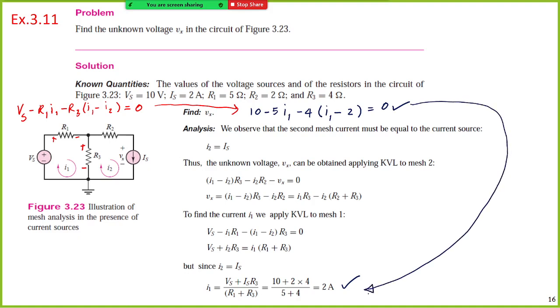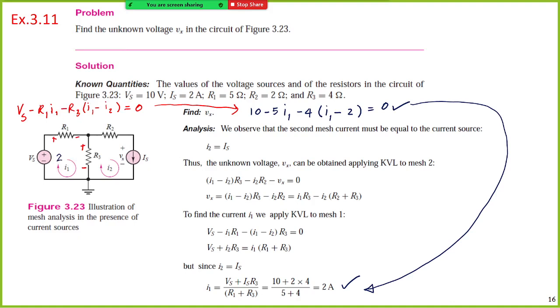So how to get Vx? Now we know that I1 is 2 amperes.